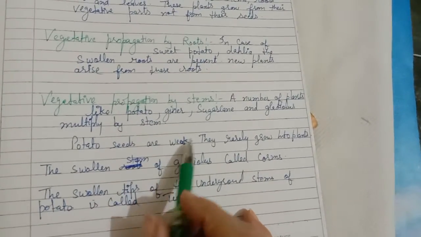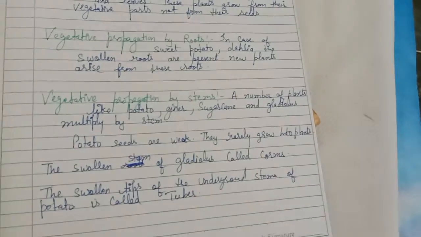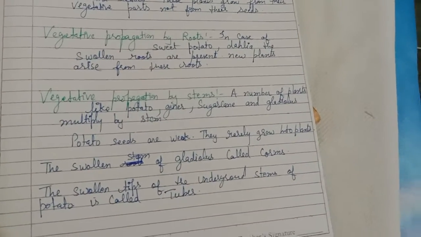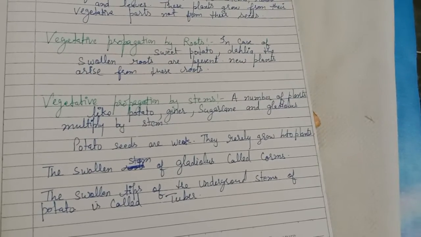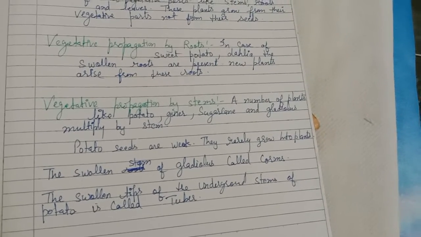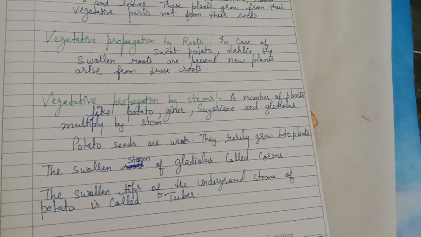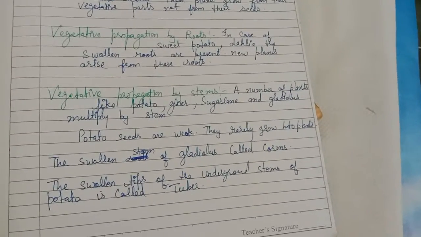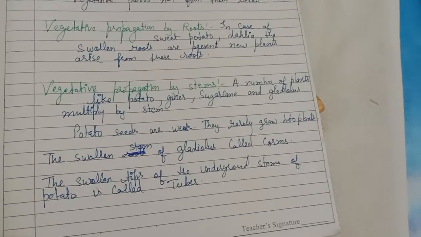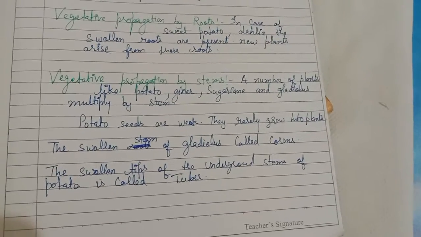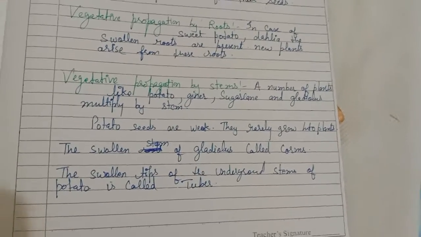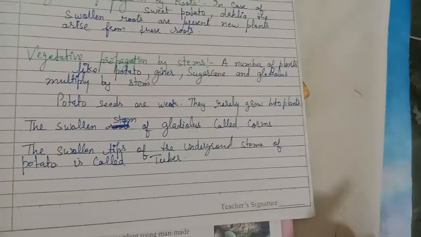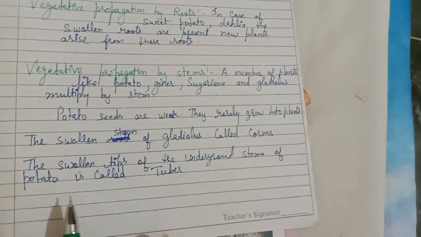The seeds of these plants are very weak. Sugarcane and ginger don't produce seeds, but potato does, though they are very weak and rarely grow into plants. In the case of rose, the seeds are also not productive, so it grows from stem cutting. So these plants grow from the stem because their seeds are very weak.